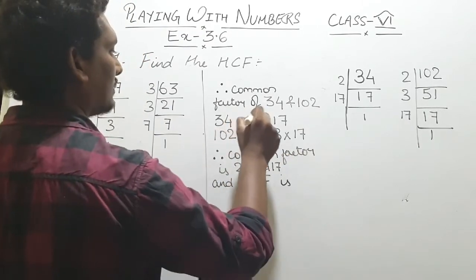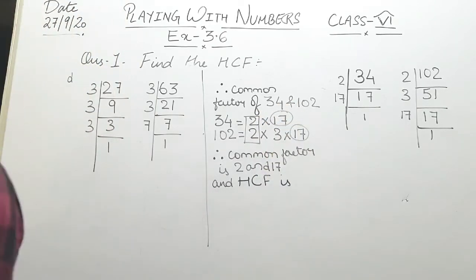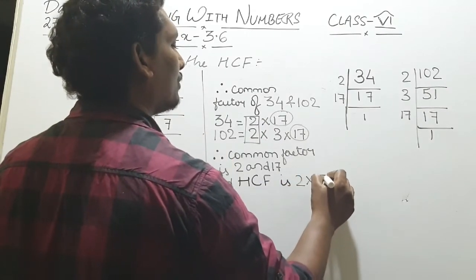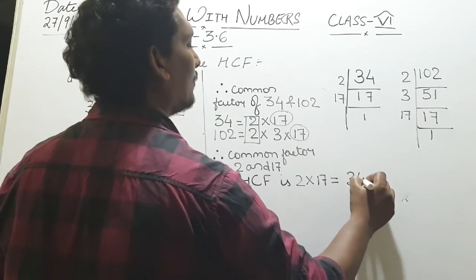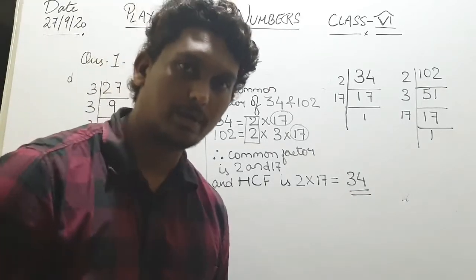This 2 and this one, right? And the highest common factor is 2 into 17, that is 34. Okay, just go through it.